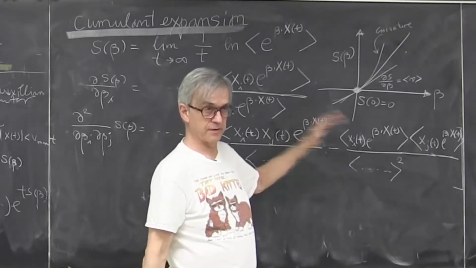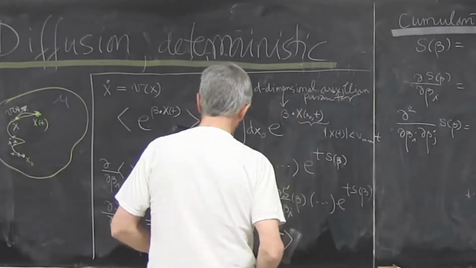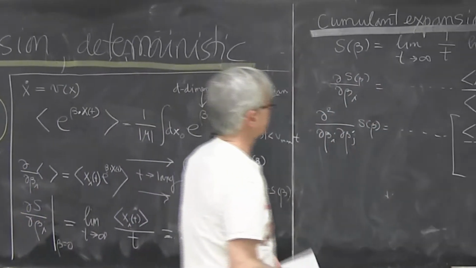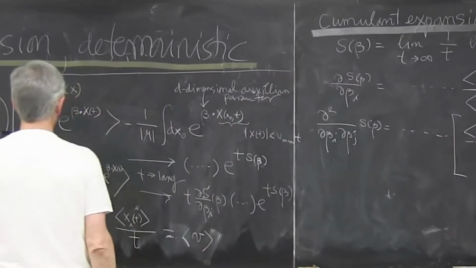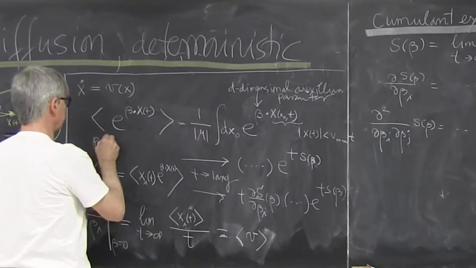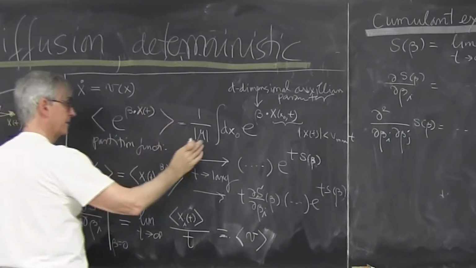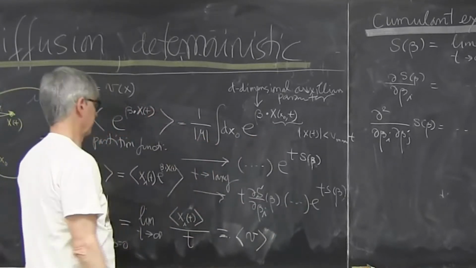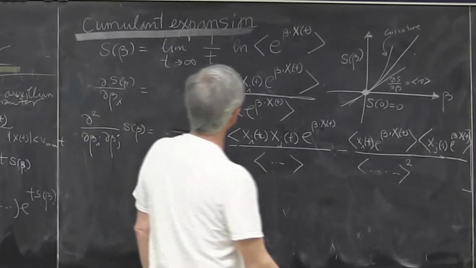So cumulant expansions are very smart, and they always show up, and they have all kinds of names. So this is called partition function. You're adding up all possible paths. And then this thing is called free energy.